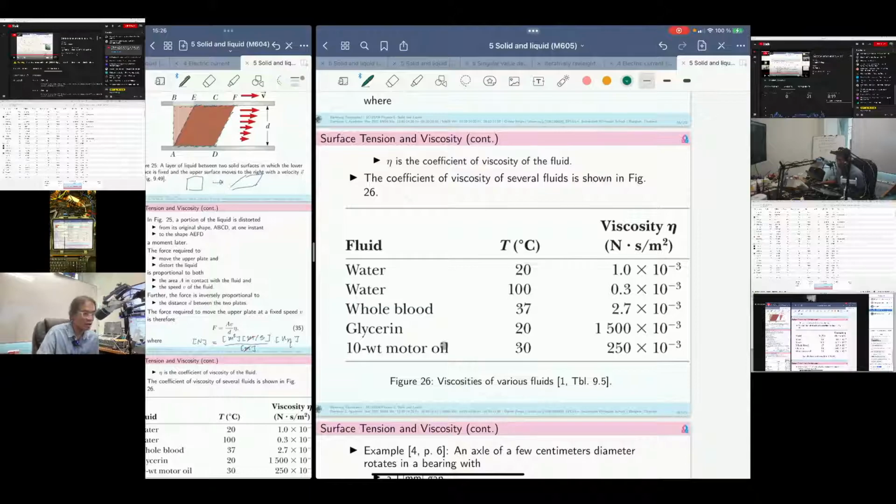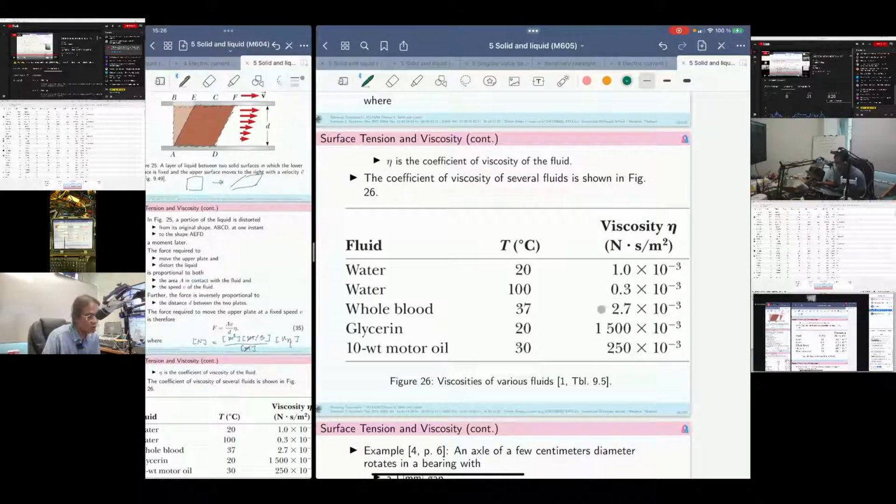When the engine is worn, we cannot use the engine at all. So motor oil is the substance that protects the engine from wear. Those are four or five examples of fluids that we could find in reality.